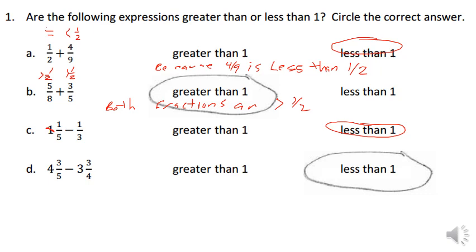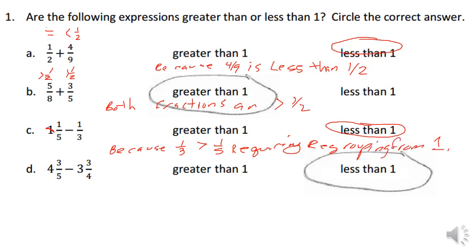The reasoning is because 1/3 is greater than 1/5, requiring regrouping from 1.